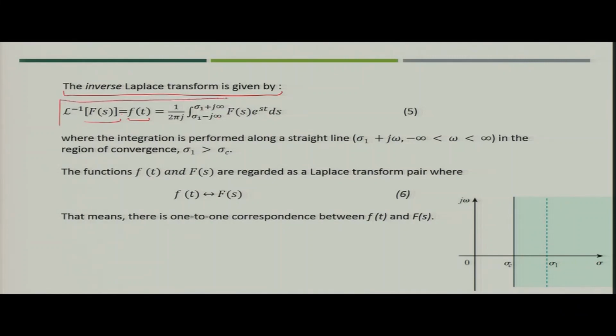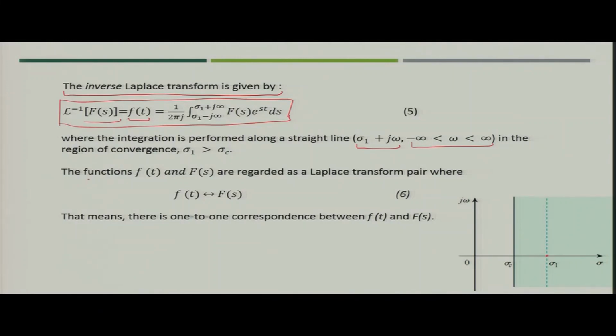This is the expression for finding the inverse Laplace transform, where the integration is performed along a straight line, that is sigma 1 plus j omega, where omega ranges between minus infinity to plus infinity. So again, the integration for any sigma 1 will be carried out along this particular line.